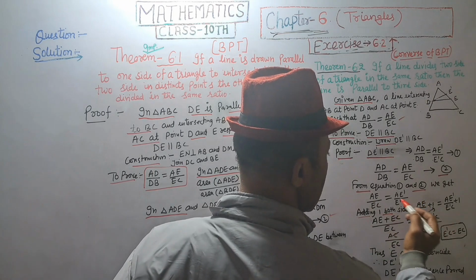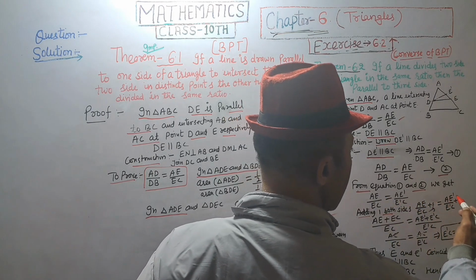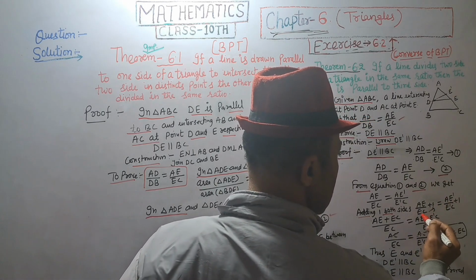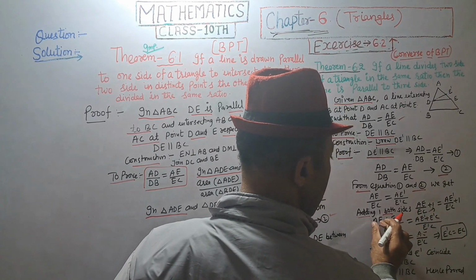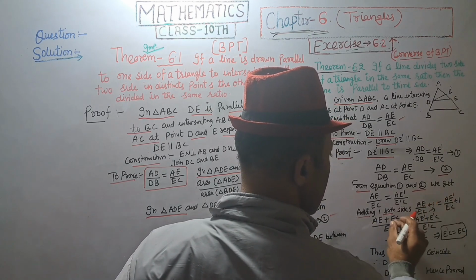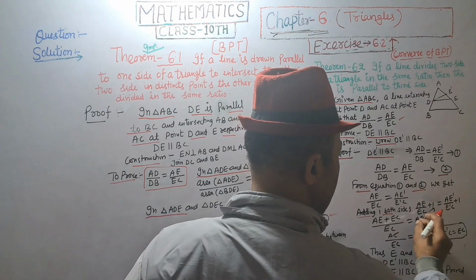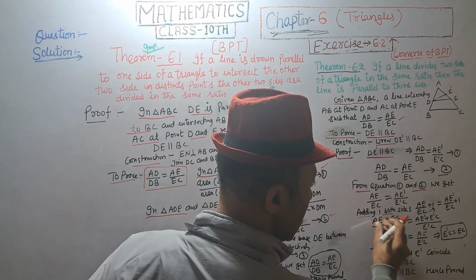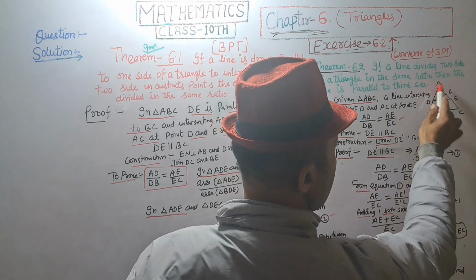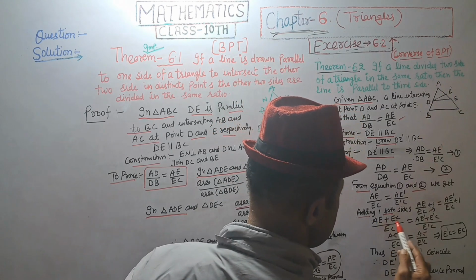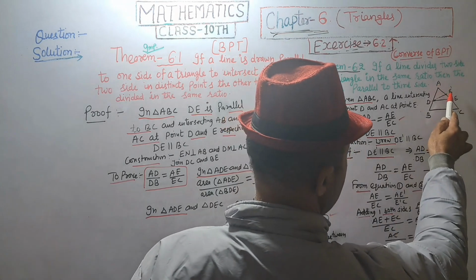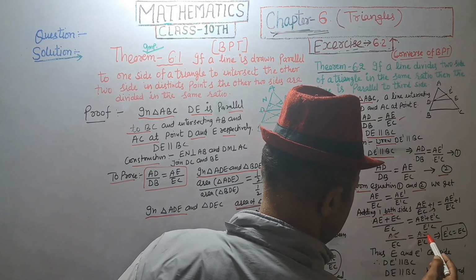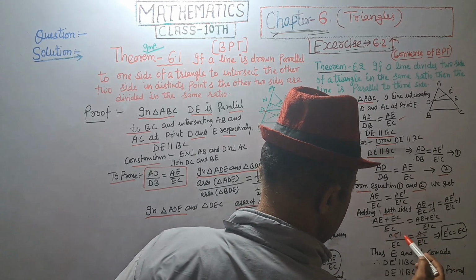AE upon EC plus 1 equal to AE dash upon E dash C plus 1. AE plus EC upon EC, and AE dash plus E dash C upon E dash C. AE plus EC is total AC, and AE dash plus E dash C is total AC. AC is cancelled.